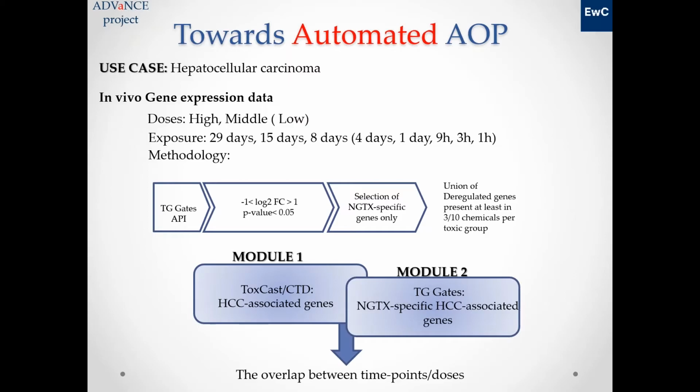The preliminary analysis showed that the low doses, as well as the time points lower than 8 days, showed a very inconsistent, vague, and limited response. Some of the response we directly saw at the more extensive time points, like 15 days, 8 days. So for the sake of a more simplistic presentation, we focused on just high and middle dose, 29, 15 days, and sometimes 8 days as well.